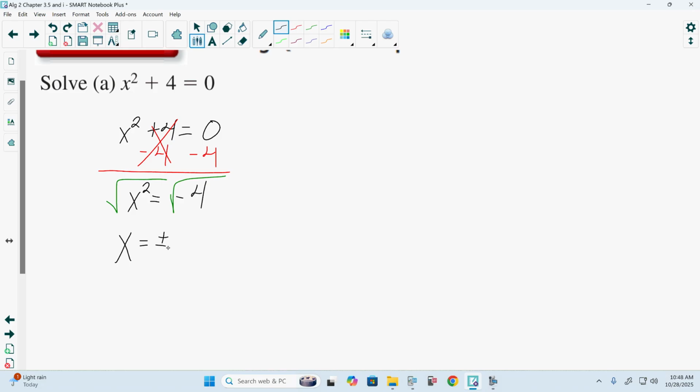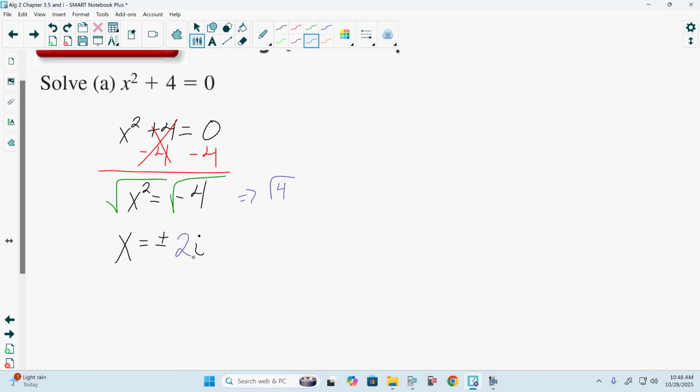Now, square root of negative 4, we know the negative is going to have to come out as i, and what that leaves us with is the square root of 4 that we still need to simplify. Now, luckily for us, the square root of 4 does simplify nicely, telling us that it is 2.